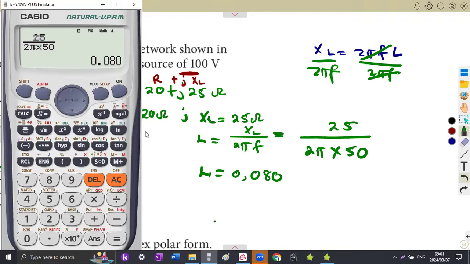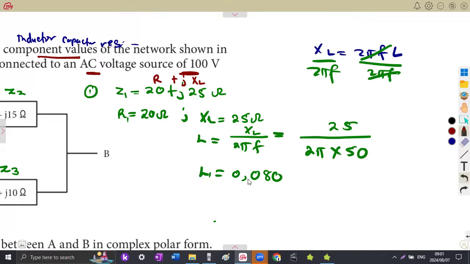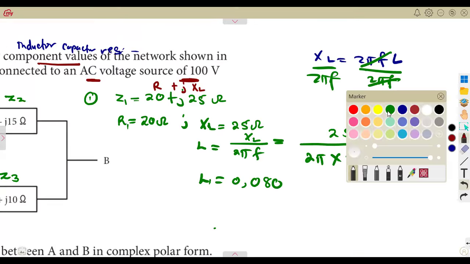In some cases, you might have decimals, and if you want to write in milli, it's going to be given as 80 millihenries, depending on the way you are presenting it. This is a direct value. So that's 0.08. You can just leave it like that. So this is our inductance in henries.